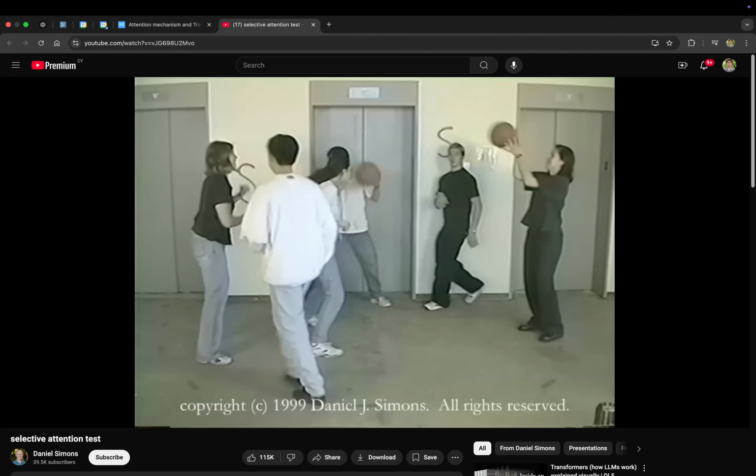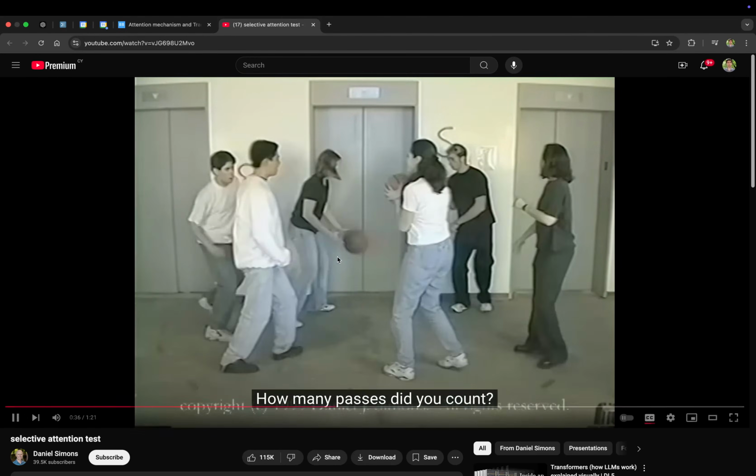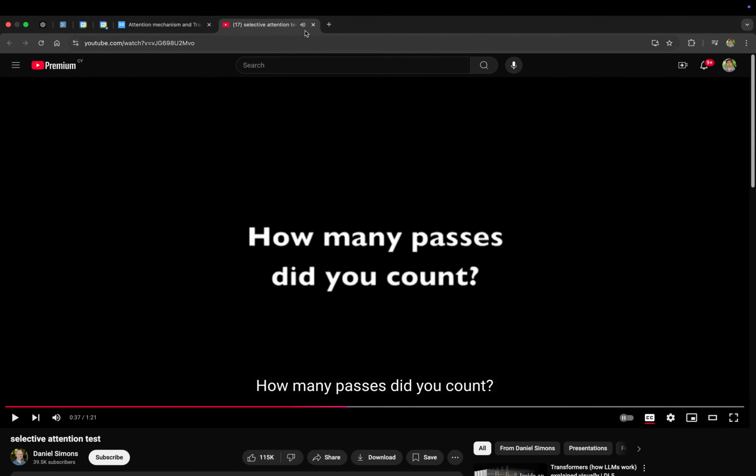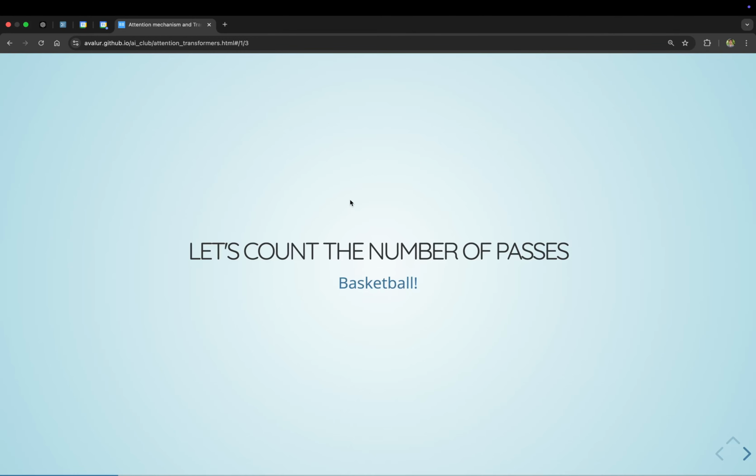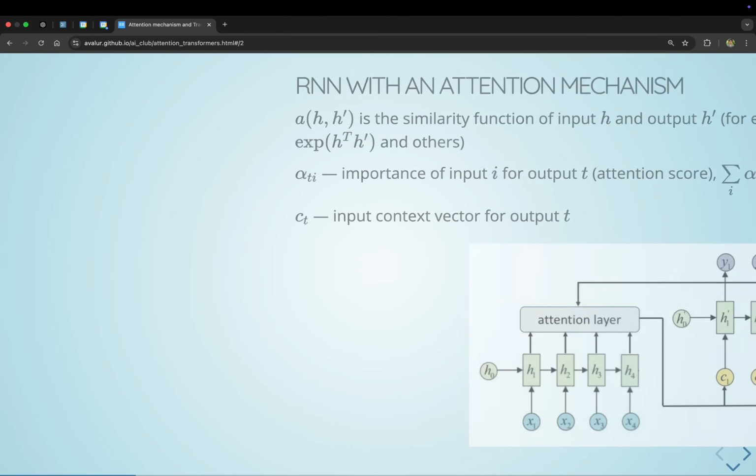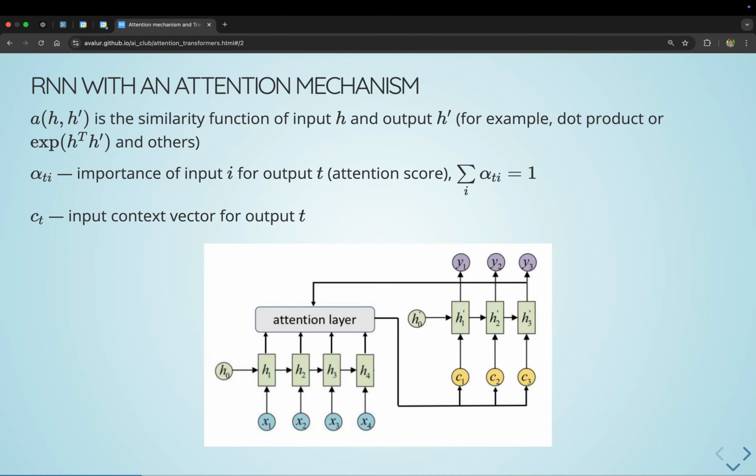So we humans are really good at focusing on some task. For example, focusing on counting the number of passes, the other information is not important for our brain, so we can even miss the gorilla, a big object in the video.